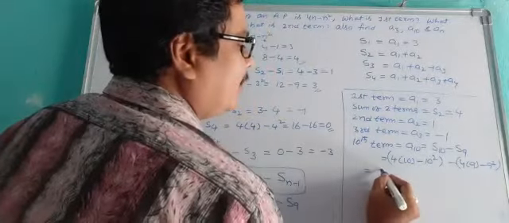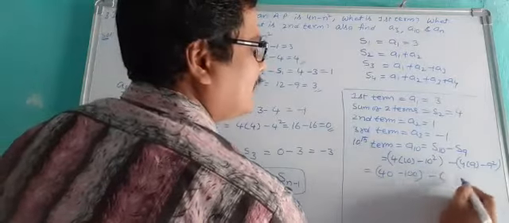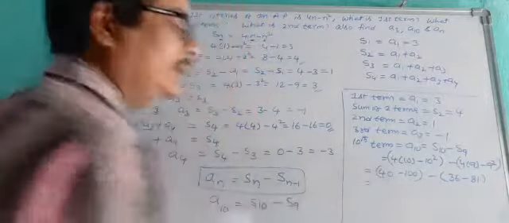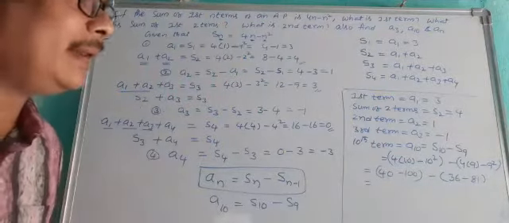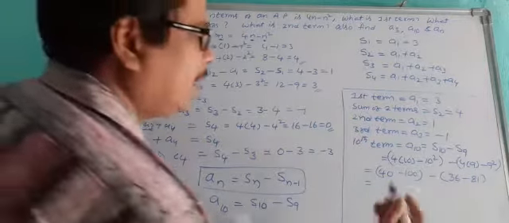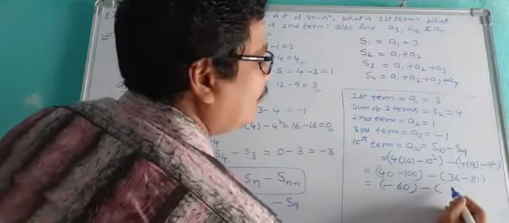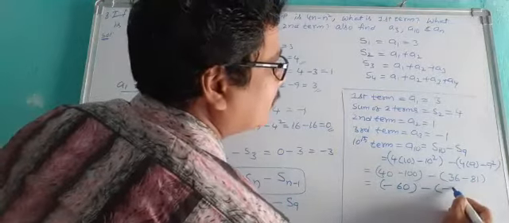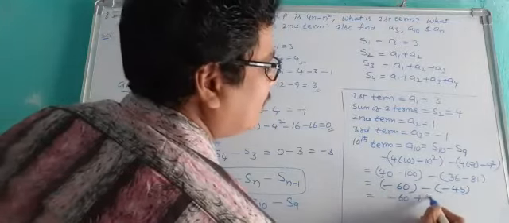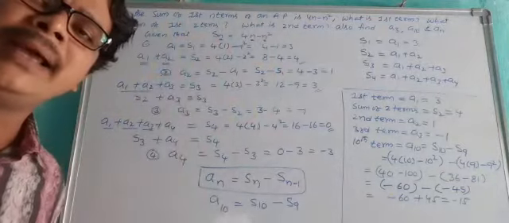That means 40 minus 100, minus 36 minus 81. So that equals minus 60 minus of minus 45. So that equals minus 60 plus 45, that equals minus 15.